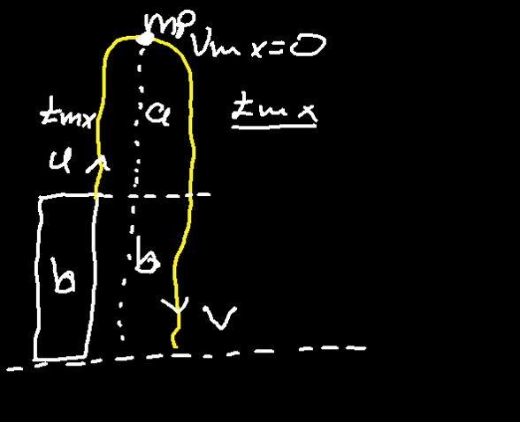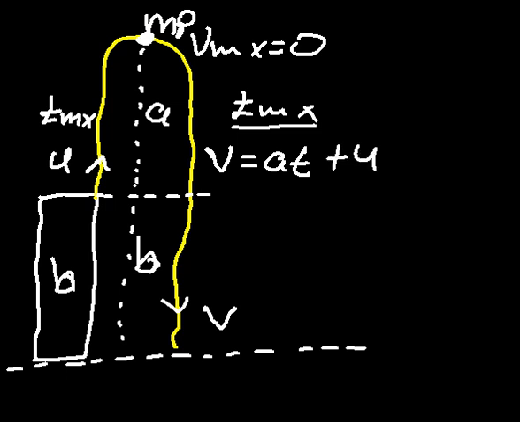So how should we be able to calculate the Tmax in this case? First of all, we use this equation: the final velocity is equal to at plus u.